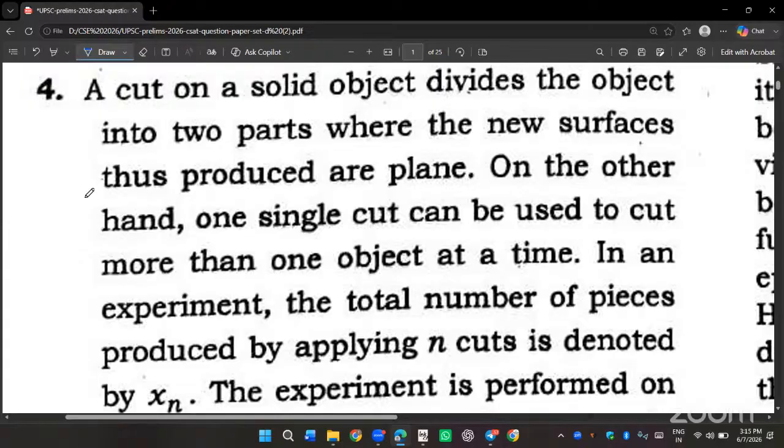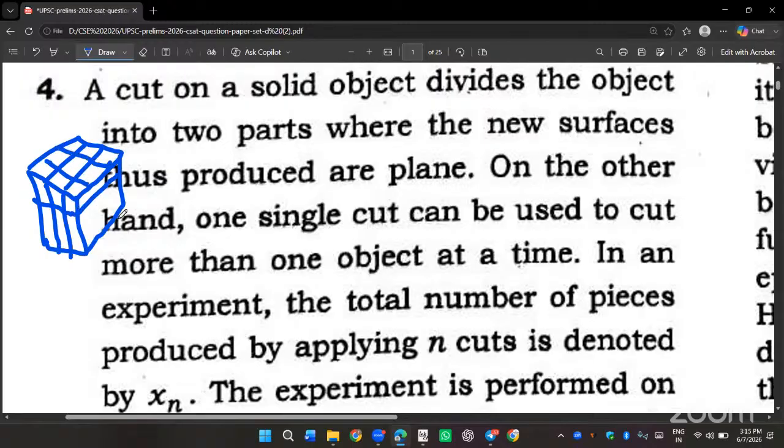Like that, they have asked already. For example, you have a cube. If you want to make it into 64 parts, then how many cuts you have to make on that?